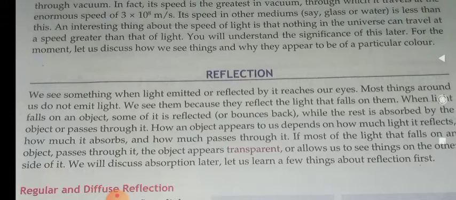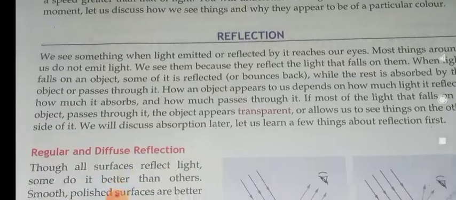Okay children, each and every object reflects the light, but the amount of reflection varies. If the object allows the light to pass through it, then it is called a transparent object. Do you understand? We will be discussing absorption later in our lessons. So reflection, keep in mind: all objects reflect light, but the amount of reflection varies.